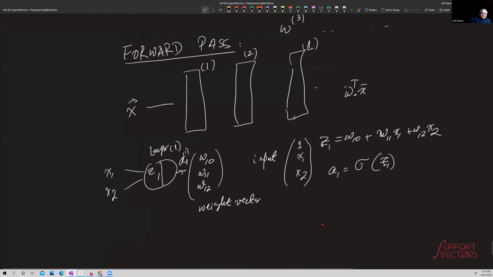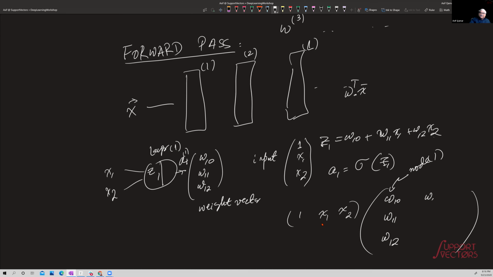I took 1, X1, X2, and I multiplied by W10, W11, W12, node 1 of the first layer. This is node 2 of the layer, W20, W21, W22, because there are two inputs, and the third is W30, W31, W32.